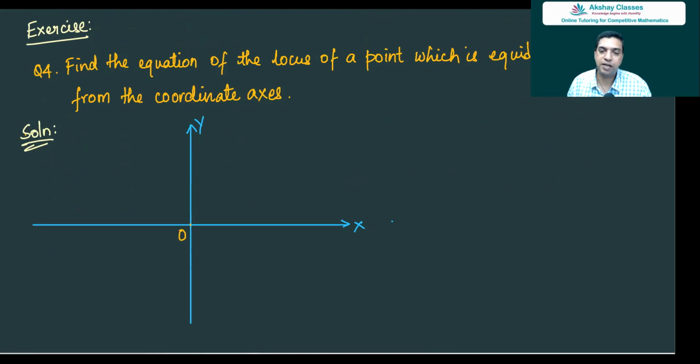Now there's a point P. Now this P(x, y) can be in any quadrant. It need not be in the first quadrant. Although we are taking it as the first quadrant, it need not be so. Now what will be the distance from the y-axis?